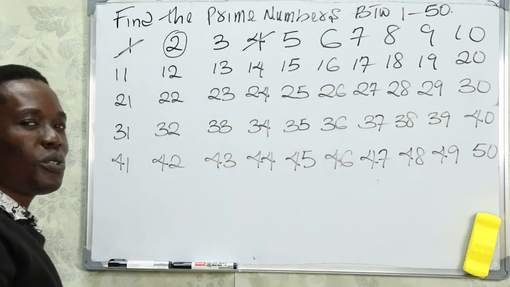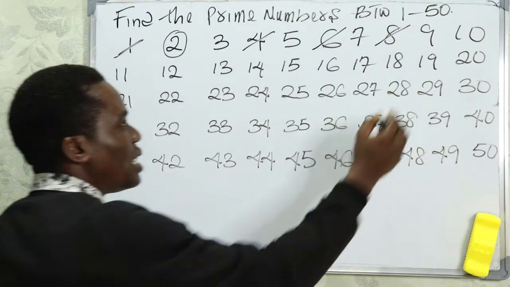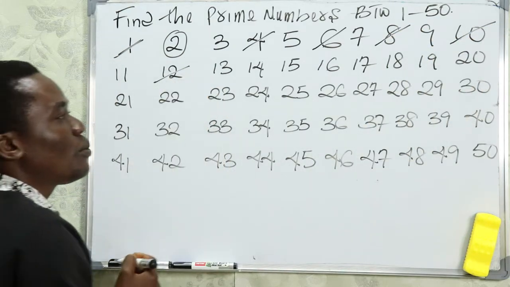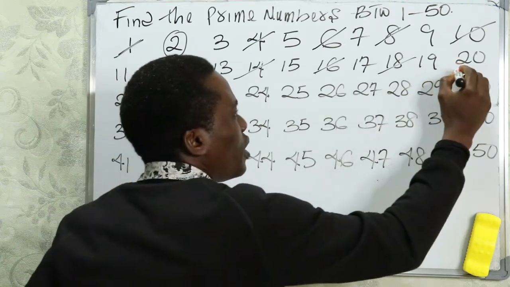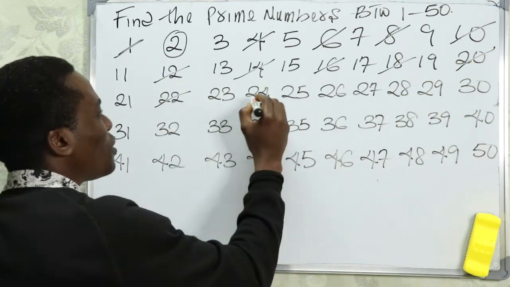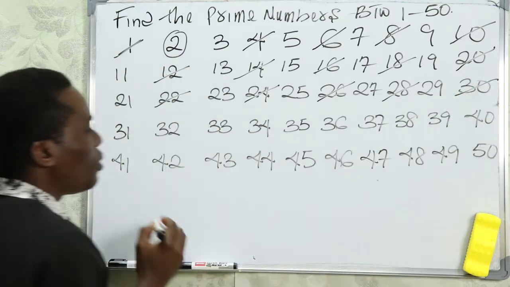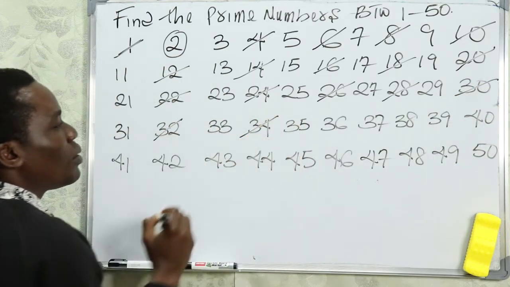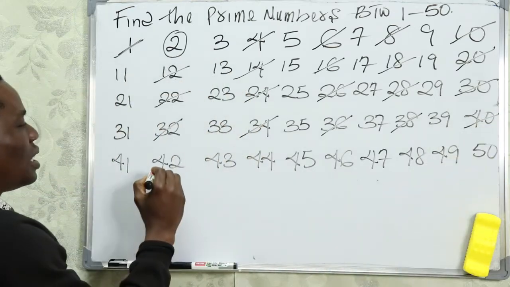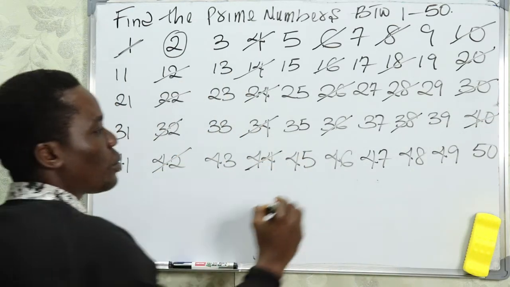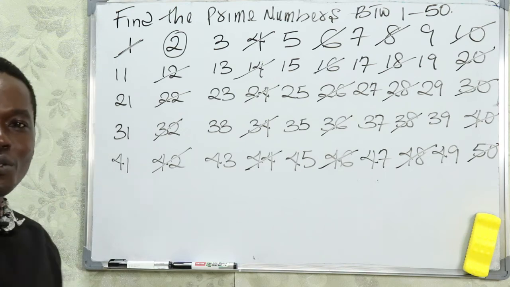4 is a multiple of 2, because 2 times 2 is 4. 6 is a multiple of 2, 8 is a multiple of 2, 10, 12, 14, 16, 18, 20, 22, and so on; each of these is a multiple of 2, so we cross them out until the last one is gone.